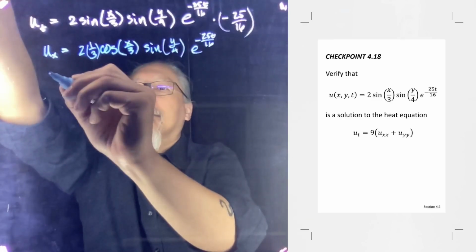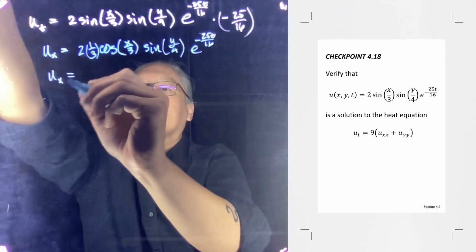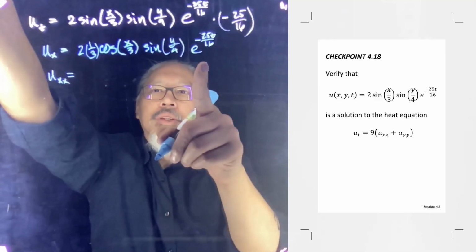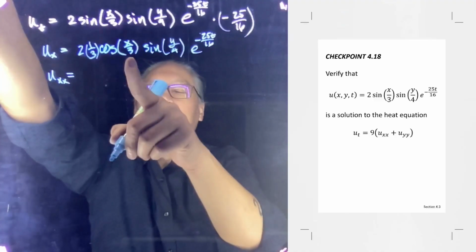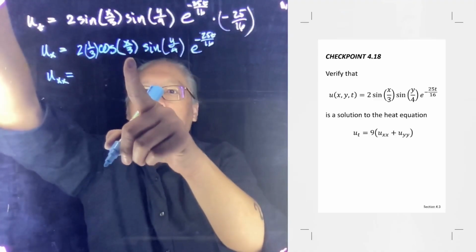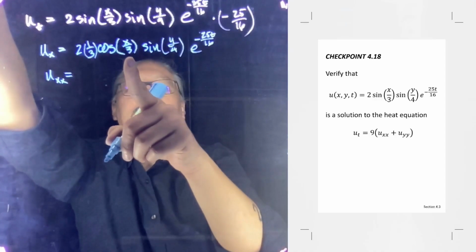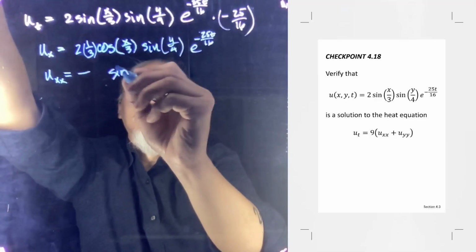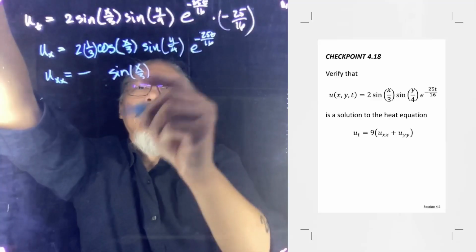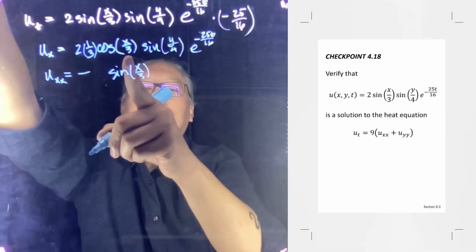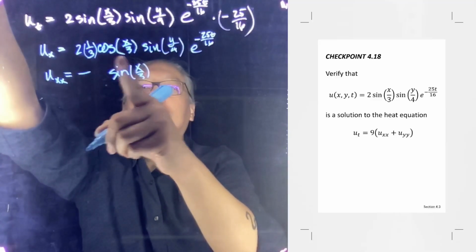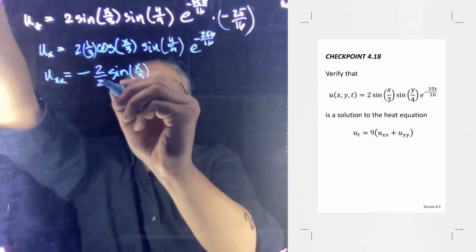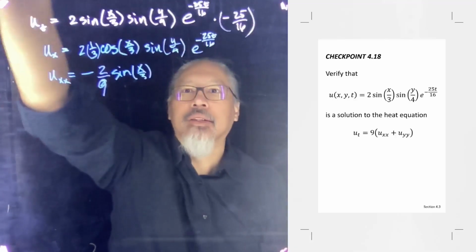And then we'll take the derivative of the same thing with respect to x again. So that's u_xx. Now we're focused on this expression and taking the derivative with respect to x again. That's going to give us a negative for the cosine, so it's negative sine of x over 3, and now we take the derivative of the inside again, another 1/3, so that gives us 1/9 times 2. Let's put 2/9 here as our constant.